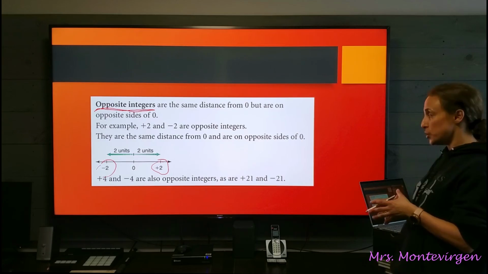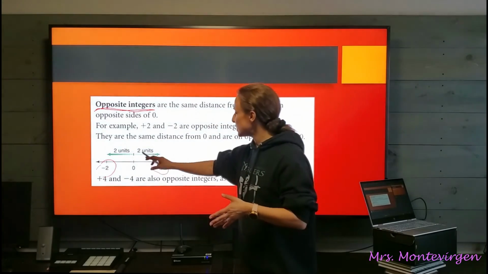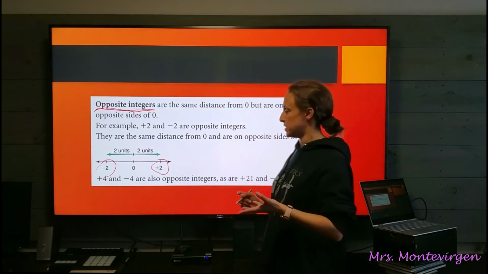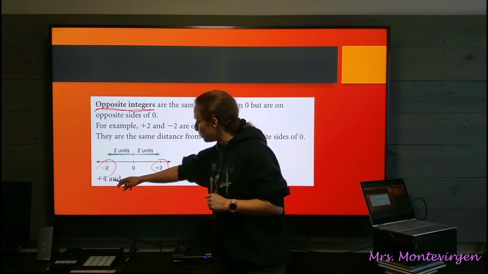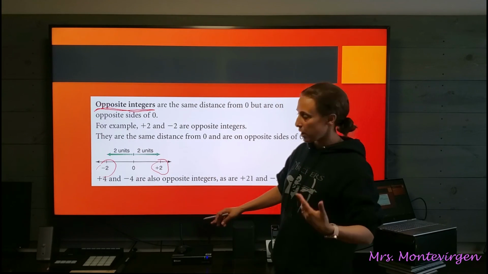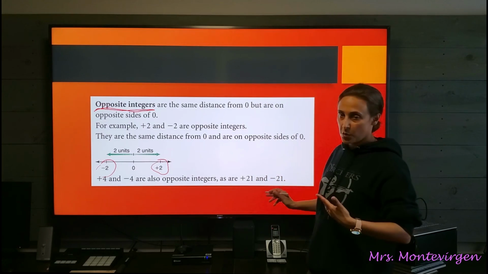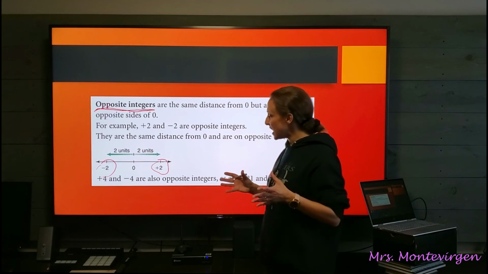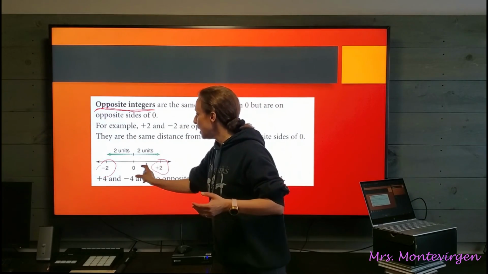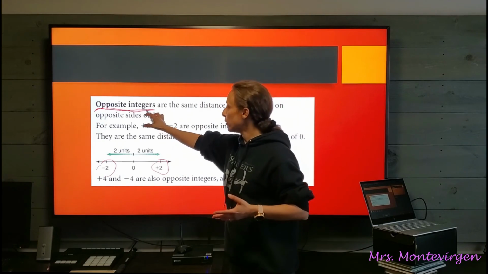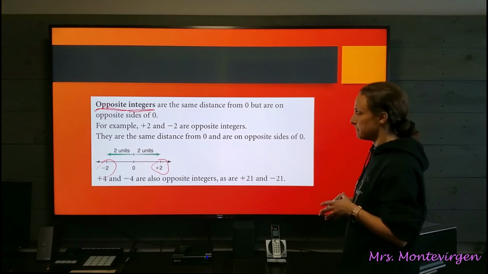Those are referred to as opposite integers because they are the same number of units away from 0. My other examples down below, positive 4 and negative 4, positive 21, negative 21, it doesn't matter. I can take any number as long as they are the same number of units from 0. We're going to refer to them as opposite integers.